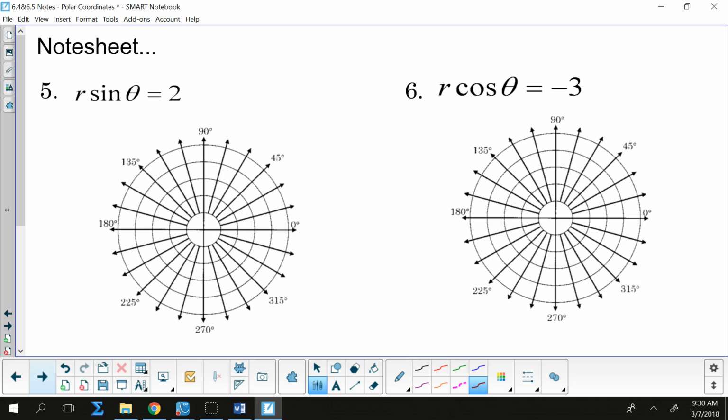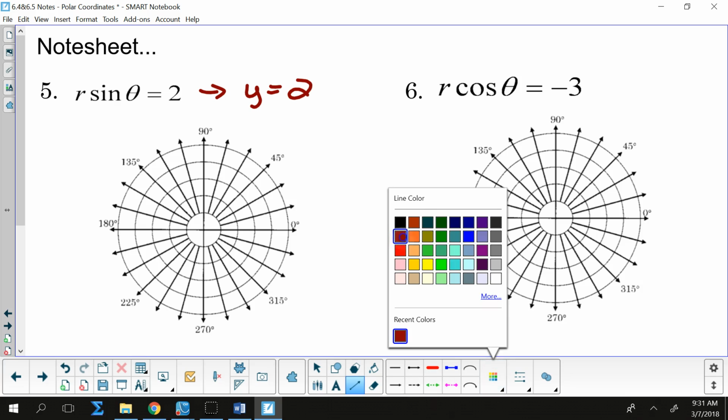That's y, right? So this really is y equals 2. What kind of a graph is y equals 2? It's a horizontal line, 2 up off of that x-axis, right?